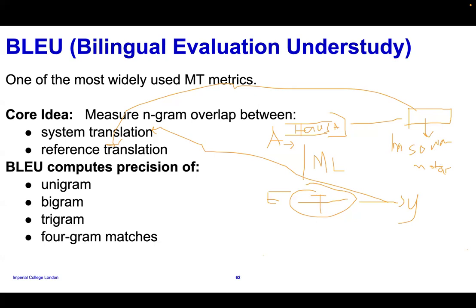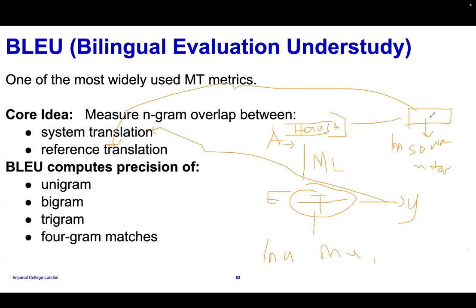That is what the human translated. But for example, the machine translates something different. Can somebody tell me this in a different way? "Ina muradin wannan mota." Now, what BLEU does is that it compares unigrams, bigrams, and computes how often they occur.